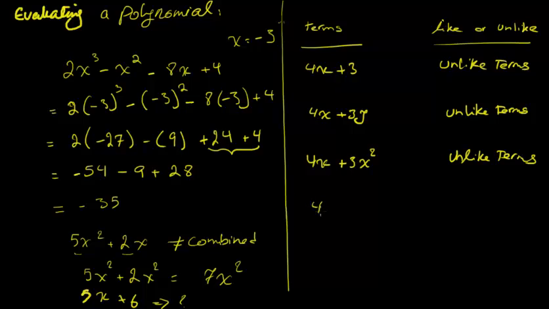What about 4x plus 3x? These two are like terms because they have matching variables and matching degrees. So whenever we have matching variables and matching degrees, then we can say they are like terms. This is a guideline you can always use to determine your like terms or unlike terms in order to be able to combine them.